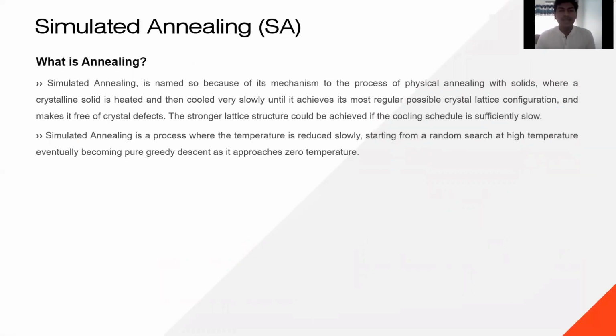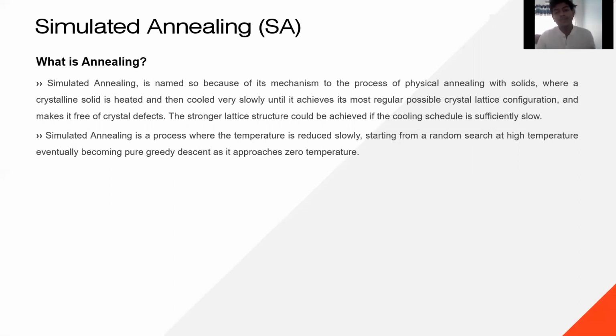And moving to simulated annealing. What is annealing? Annealing is a physical process where a solid is heated and then gradually cooled. When you heat the solid, there is a very high, random movement of particles, and while gradually cooling the temperature, the particles tend to settle at one certain place, making the solid very strong.